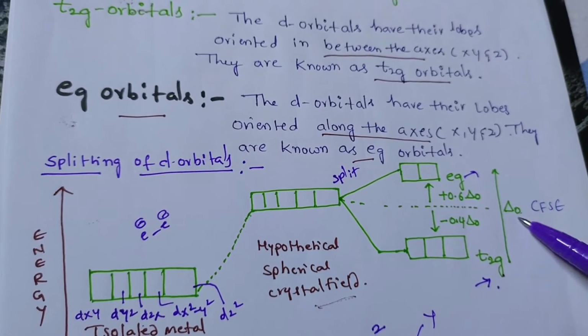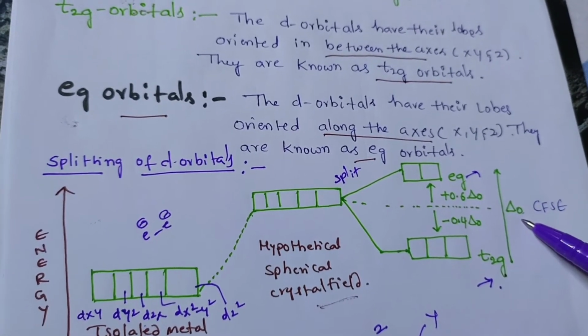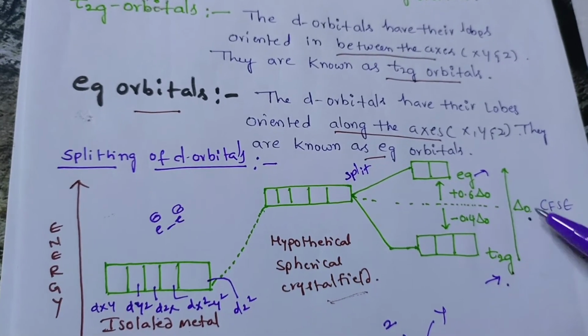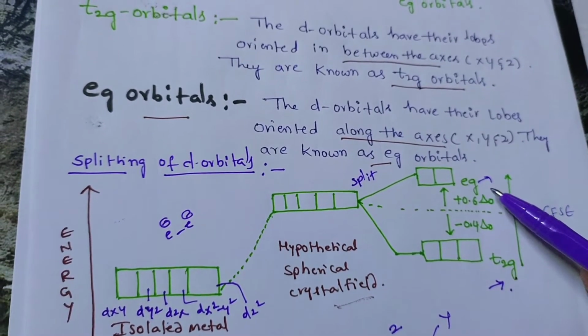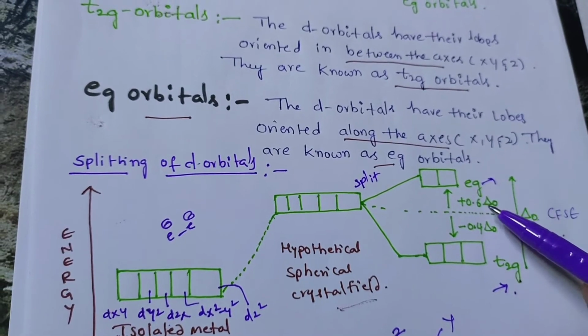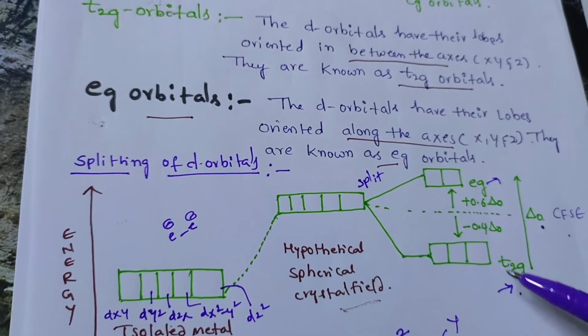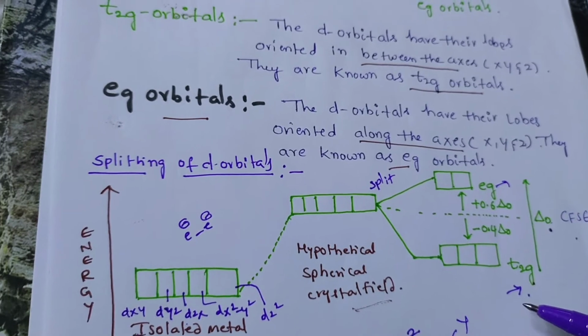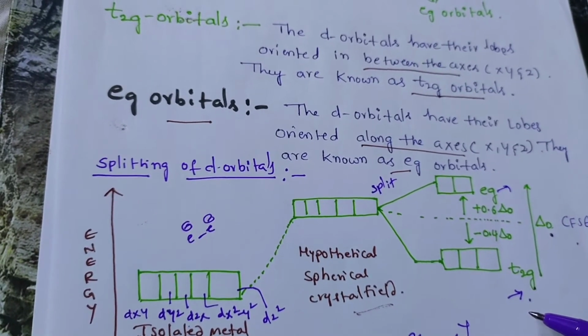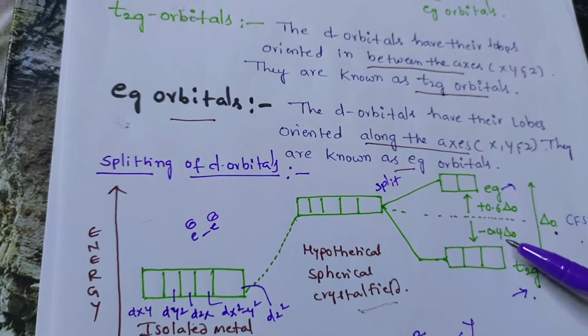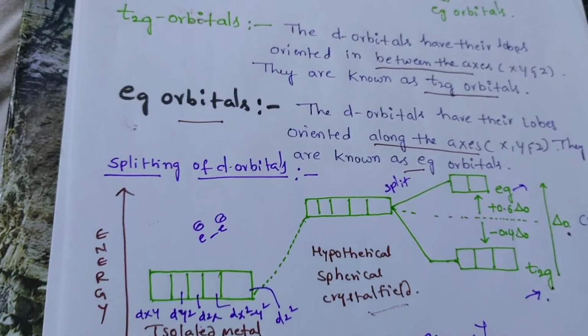Here the gain in energy by the Eg set of orbitals is plus 0.6 delta naught and the loss in energy by the T2g set of orbitals is minus 0.4 delta naught. This is the crystal field splitting in octahedral complexes.